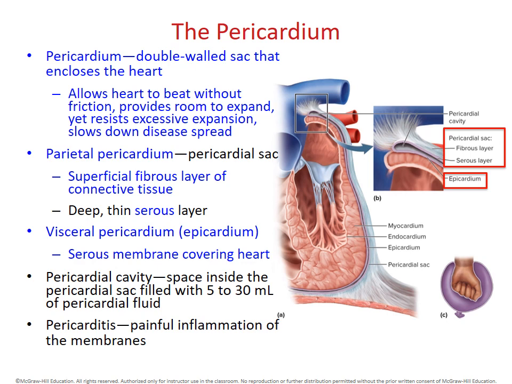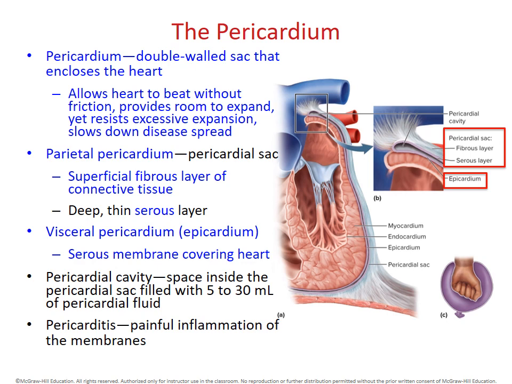This is going to be called the visceral pericardium. This one is what they call a serous membrane, a very thin see-through membrane that actually covers and makes physical contact with the heart. And it actually becomes embedded into the heart to the point that the visceral pericardium is also called the epicardium.